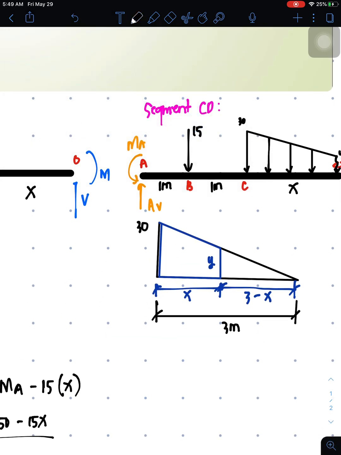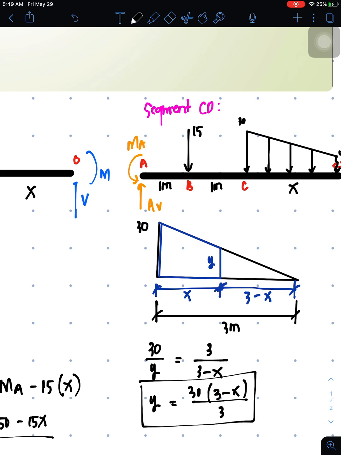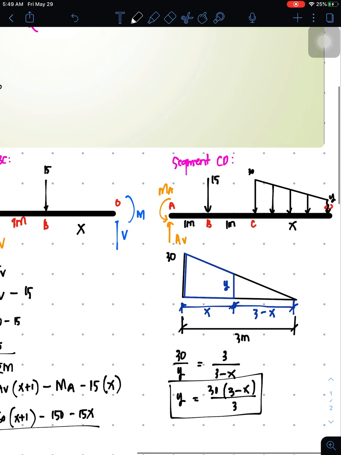By ratio and proportion, we will get 30 over y is just equal to 30 over 3 minus x. And by that, we can express y in terms of x. So that is 30 times (3 minus x) over 30. So that is the value of our y. Okay, now that we have y, we are now going to get the equation.